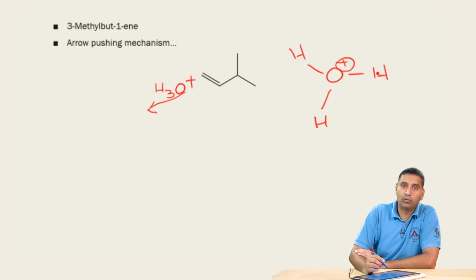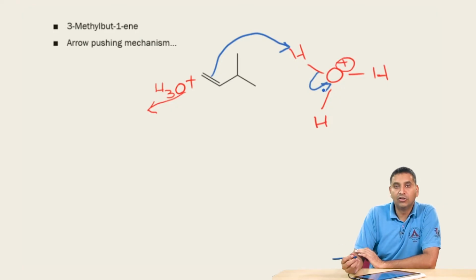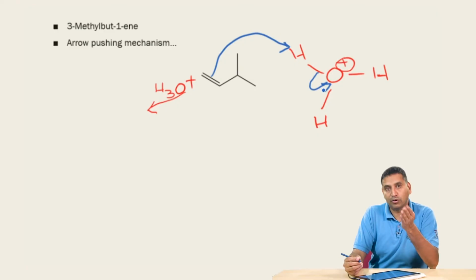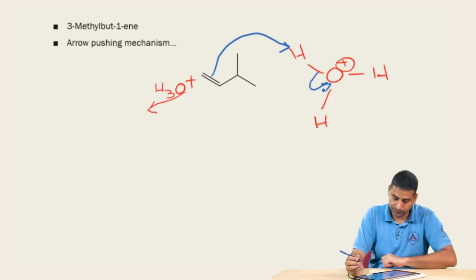So, when you add H3O plus to an olefin, the arrow pushing mechanism will be in the following way. You take this double bond, attack on this hydrogen over here for example, and then this bond breaks and goes to oxygen. In this process the bond between oxygen and hydrogen breaks and a proton is formally donated to an olefin.